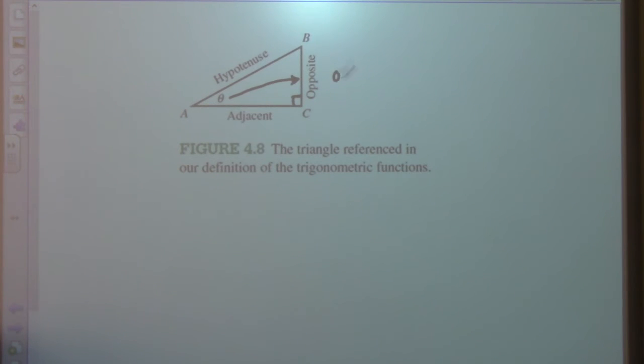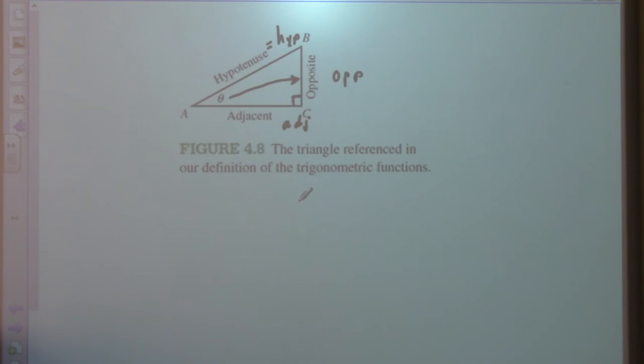A lot of times you'll see it abbreviated as OPP. And then the remaining leg of the triangle down below is called the adjacent side, identified as ADJ. And then your long side is the hypotenuse, and sometimes you'll see it abbreviated as HYP.